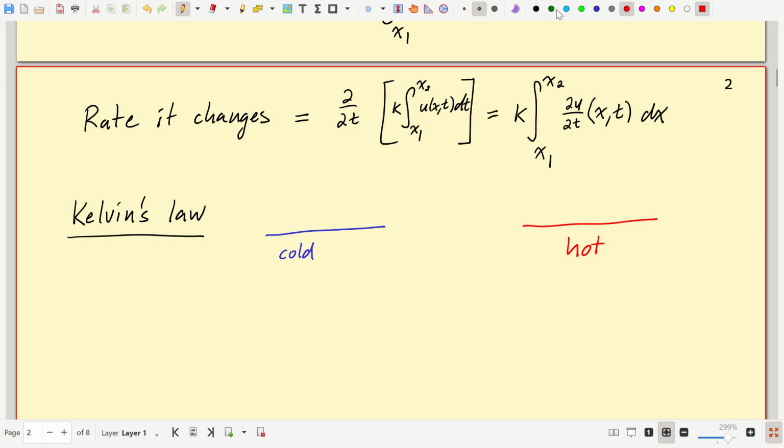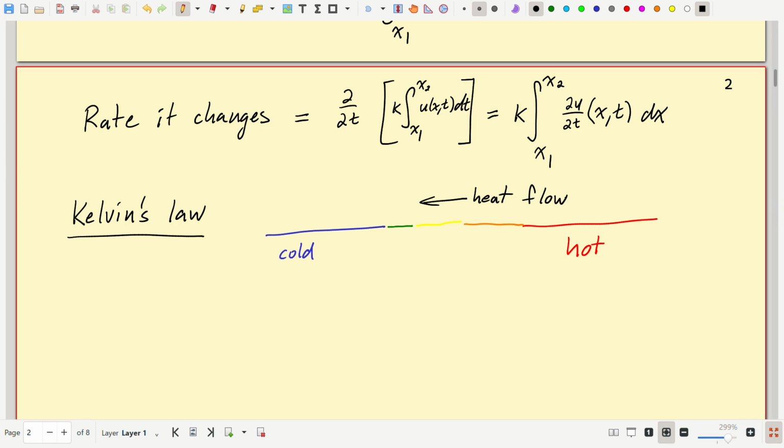Let's see, I'm going to go from cold, let's do green to yellow to orange to red. Okay, let's think of the way the heat would flow. If that's the hot side, the heat would flow this way. It flows from hot to cold.